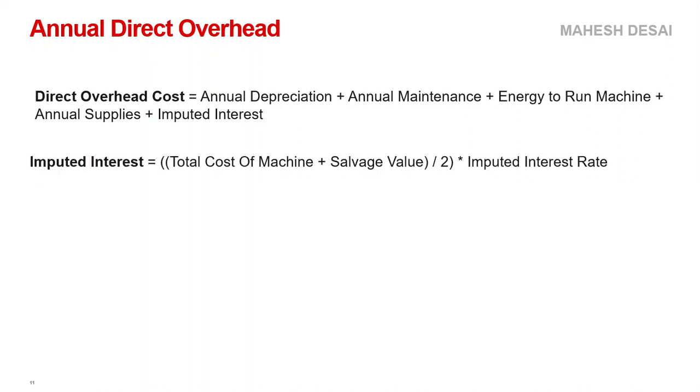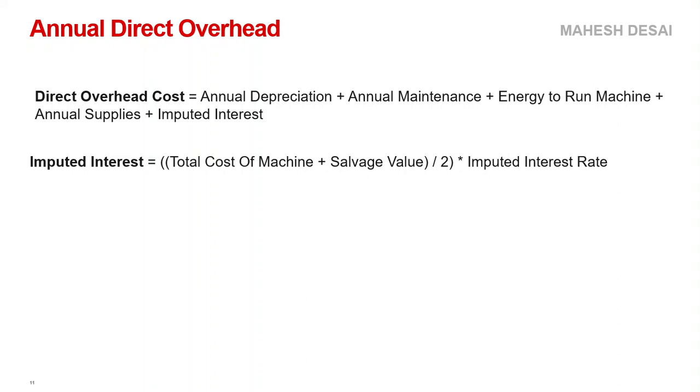Then we have imputed interest. Imputed interest means something like this: suppose you have 10 lakh rupees in your hand, and you are setting up a business and want to buy a particular machine to run the business.